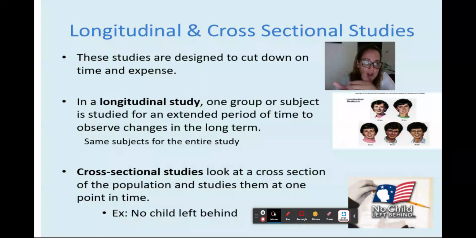We don't know what life was before. We just know right now they're going to test them on this particular thing, and we don't know if it's due to, let's say, the medication that they're successful or not successful. So there's way too many variables when it comes to a cross-sectional study. Okay, and that's basically it for descriptive.